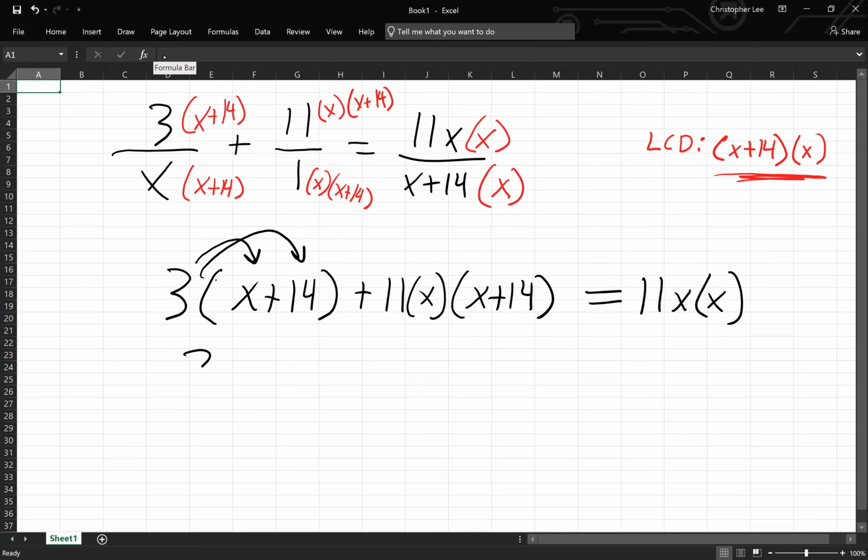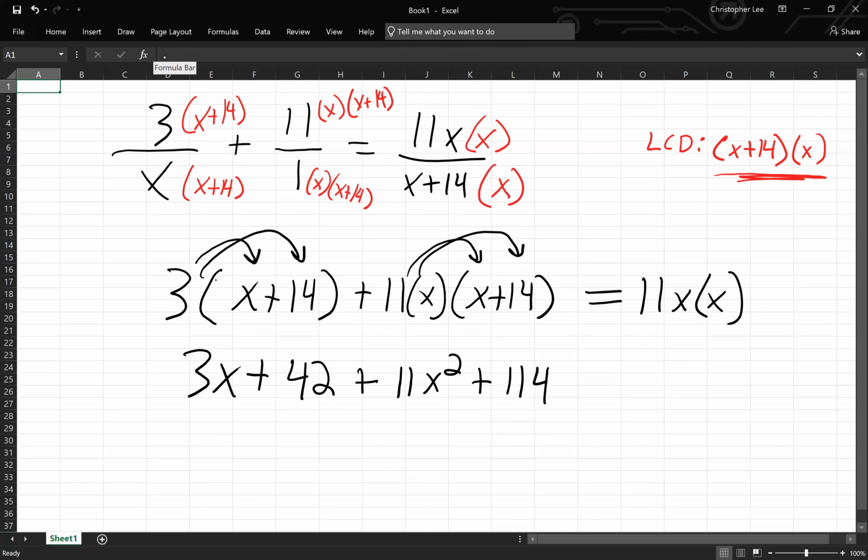So this is gonna be 3x plus, oh Lord, what's 14 times 3? 42, all right. And then we already know 11 times x is 11x. Then we're just gonna distribute that. So what do I have? I have plus 11x squared plus, what's 14 times 11? 154, okay.